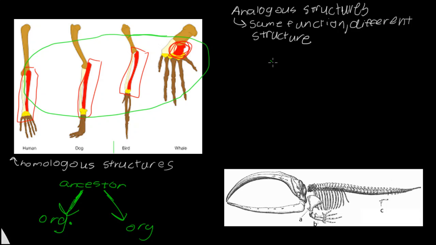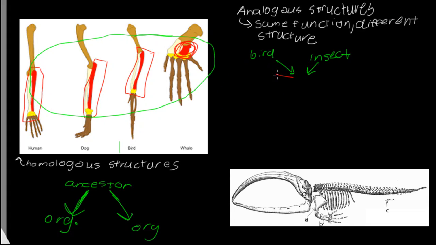So let's draw an example of this. Right here we have a bird, we have an insect. They don't have familiar ancestors, but they still have wings. So that's where they converge. That's where they have wings. There are the wings. And so this is what we call an analogous structure.